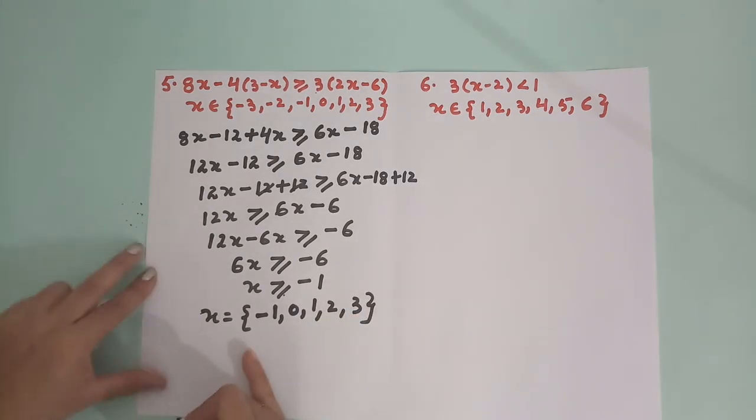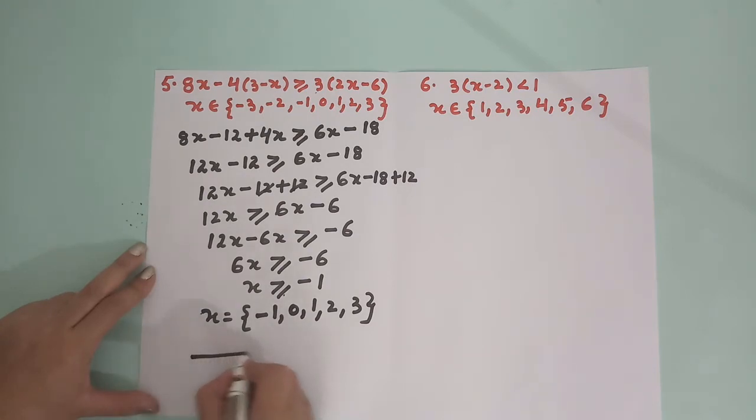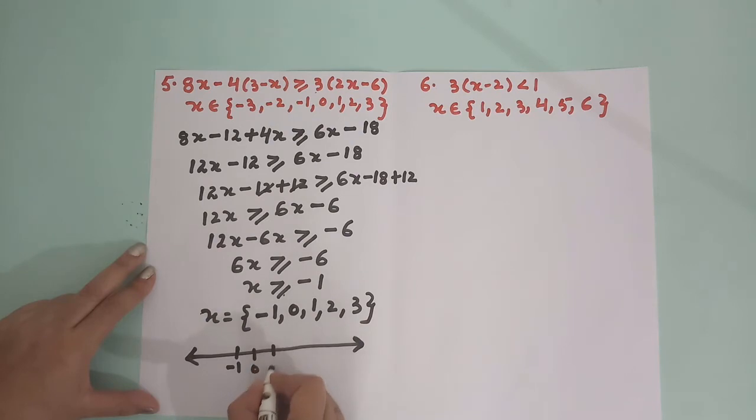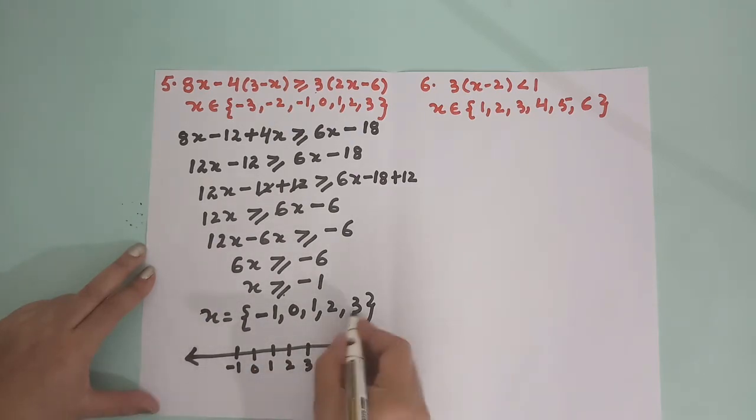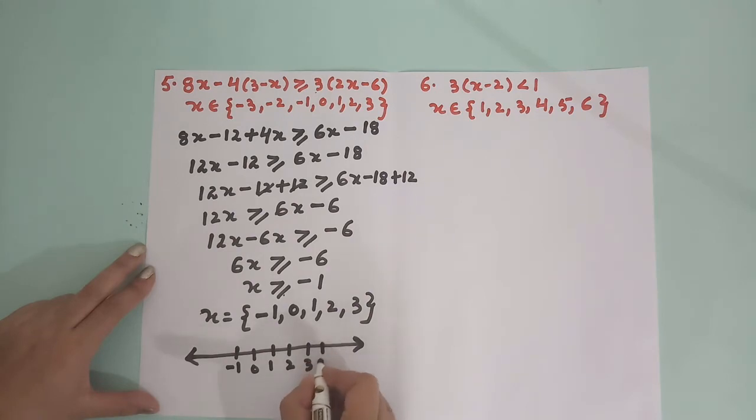Now we are going to represent the solution set on a number line. A straight line, arrows on both the sides. Write these numbers in the middle: minus 1, 0, 1, 2, 3. After this, two more numbers, 4 and 5.